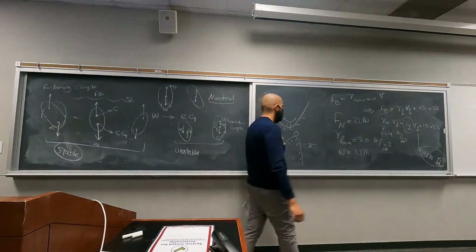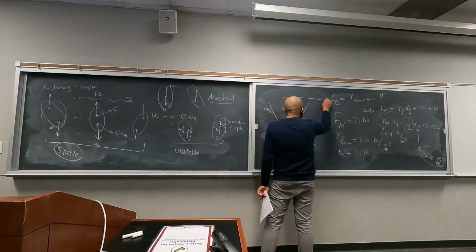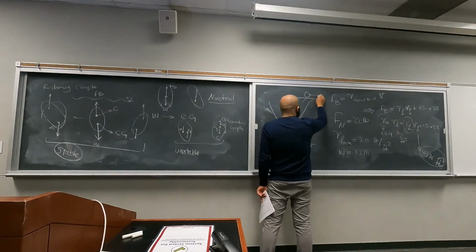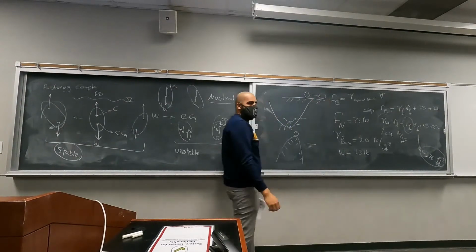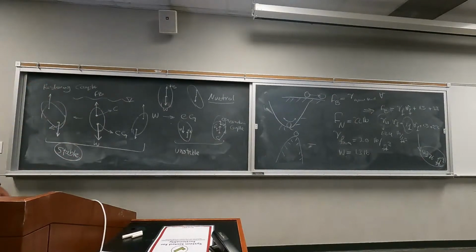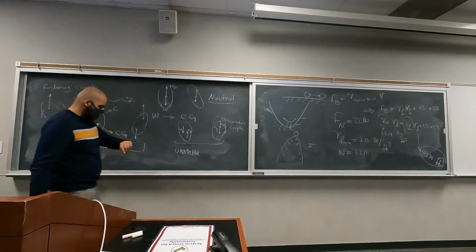It will go down. And a neutral surface is this type of surface. If you move the ball in this location, it will stay at its new location. So stable, unstable, neutral. And this stability for a submerged object all goes back to the buoyancy force.